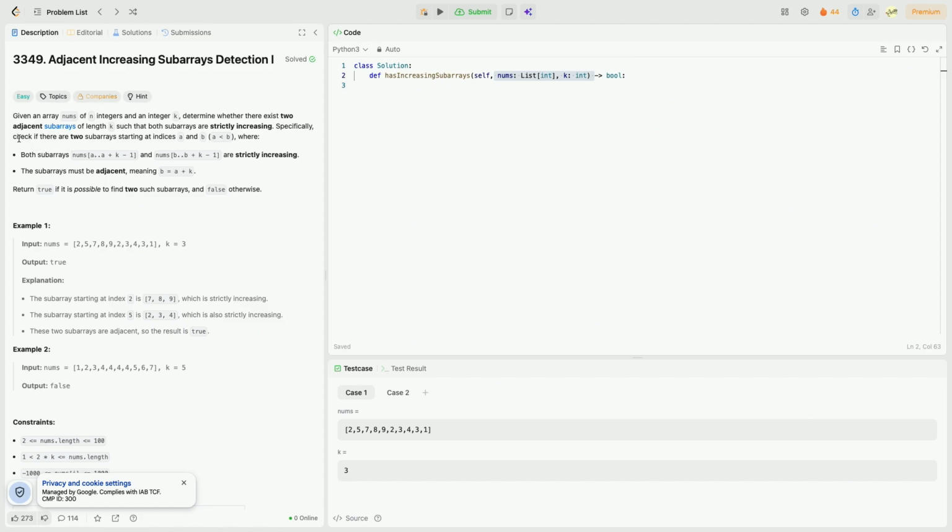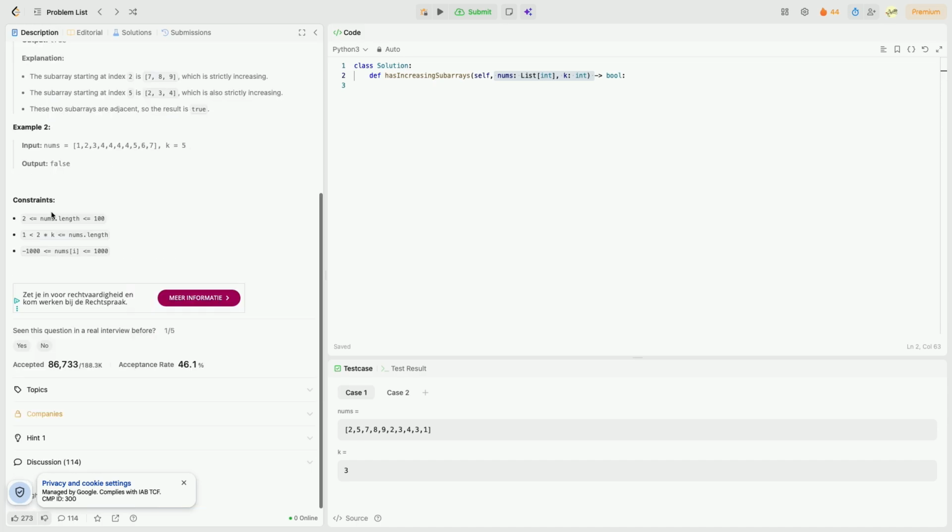Specifically, to check if there are two subarrays starting at A and B, where A is smaller than B, where both subarrays from A to A plus k and B to B plus k are strictly increasing. The subarrays must be adjacent, meaning the starting position of the second subarray must be the starting position of the first one plus k. Return true if it's possible to find such subarrays and false otherwise.